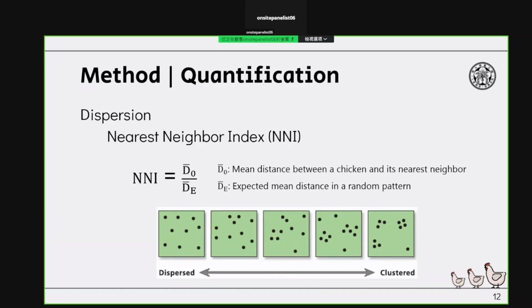If the chickens are randomly distributed, the nearest neighbor index will be close to 1. If they are too clustered, it will be close to 0, and if they are too dispersed, it will be higher than 1. So either way, the lower the value, the more clustered the chickens were.